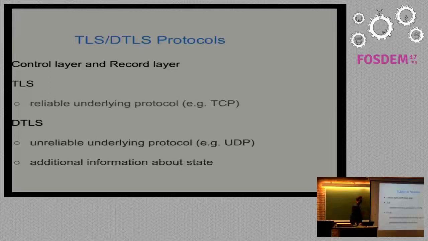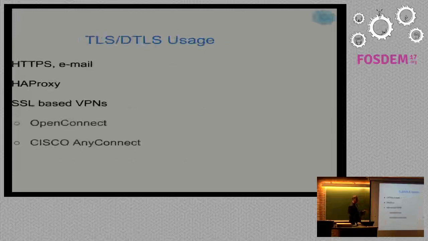You can find many usages of TLS and DTLS. For example, HTTPS, that is HTTP secured, so no one sees your communication. It's also used in email. Probably less known usages are, for example, HAProxy, that is high availability proxy, a load balancer for HTTPS communications. You can also find usages in SSL-based VPNs.